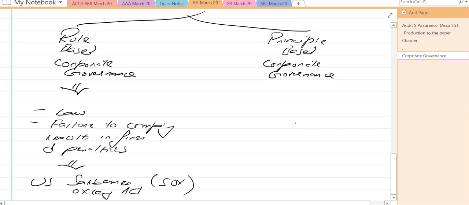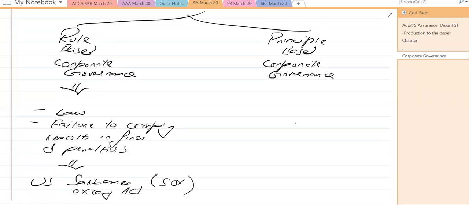For example, there is a section which says that the board and the management should prepare an internal control effectiveness report, and the auditor should give an attestation report on that.